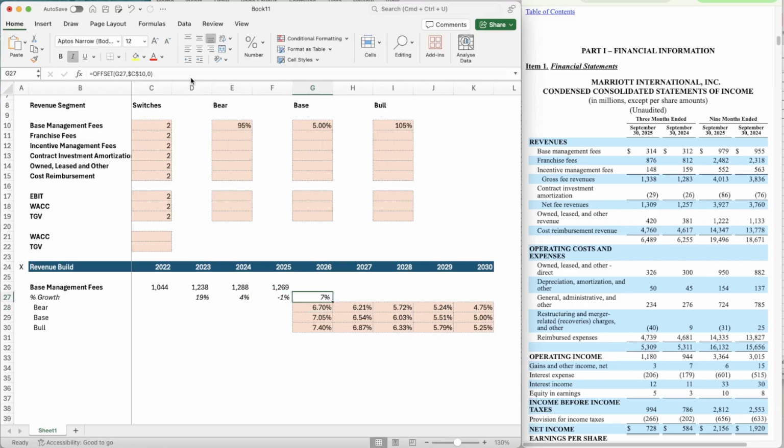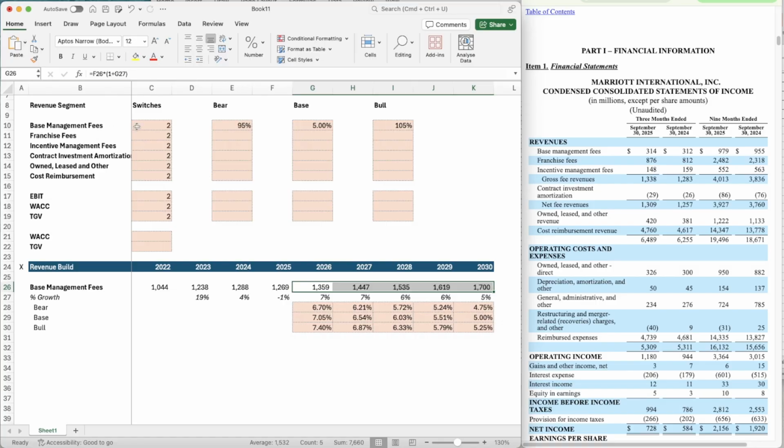Let's format it so it's a percentage, then pull those along. So to forecast the revenues now, we just go equals the previous year multiplied by 1 plus your growth rate, close brackets, pull that along, have it.